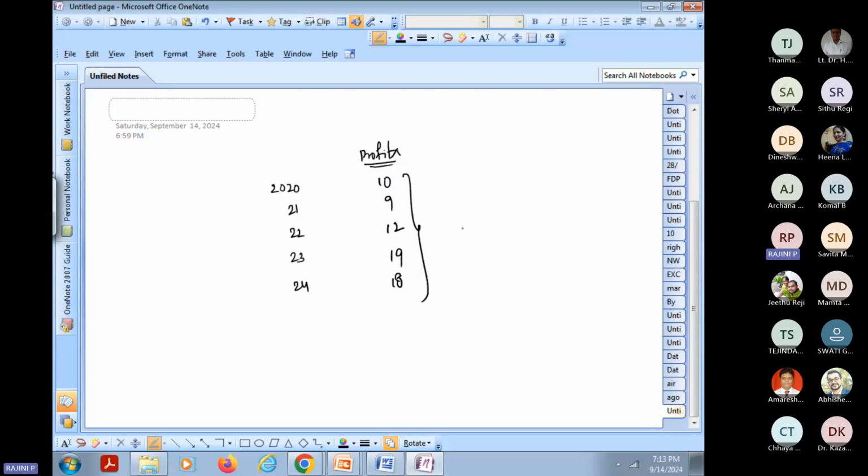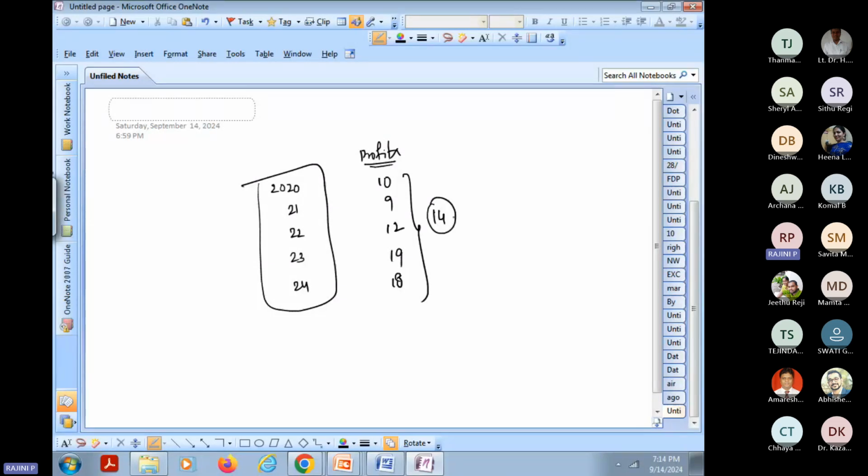Now, for example, if somebody, my brother, asks me, on average in these 5 years, what is the profit you got? Then I tell him that on average it is 14 lakhs for that particular item.